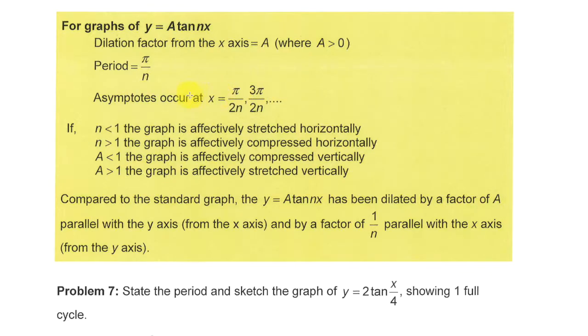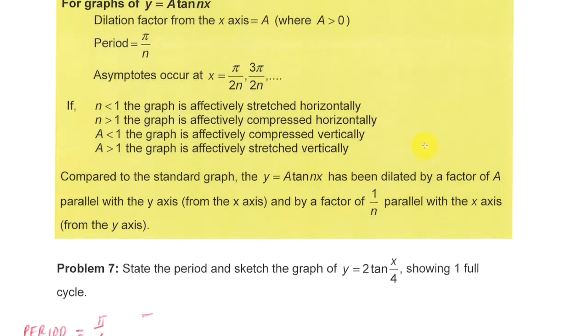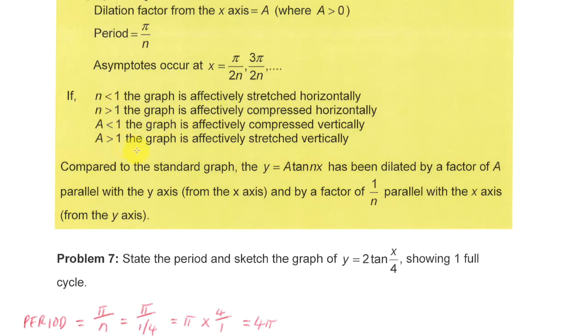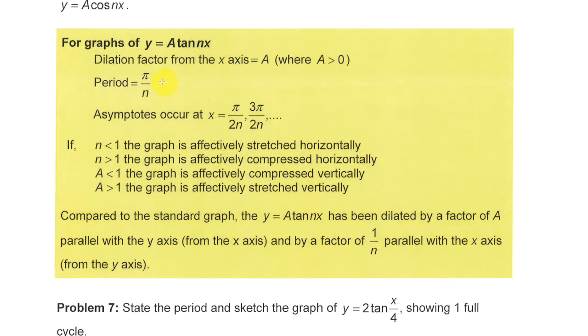Follow that pattern through negative, so negative pi on 2n, negative 3 pi on 2n, and so on. The effect of A and n as far as compression and stretching are the same. And the big one for us is that the period, instead of being achieved with 2 pi on n, is pi on n. That's a common question that will be asked, so just have that knowledge, that you understand that's how long it takes.